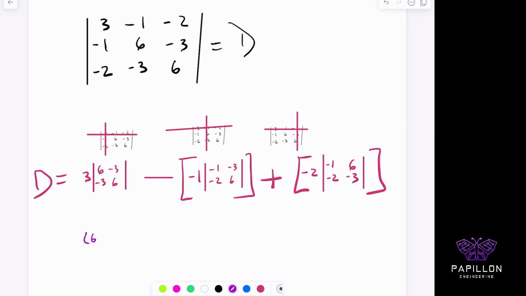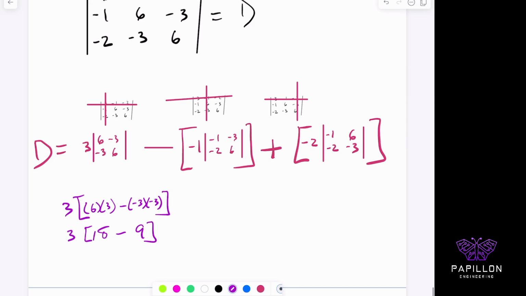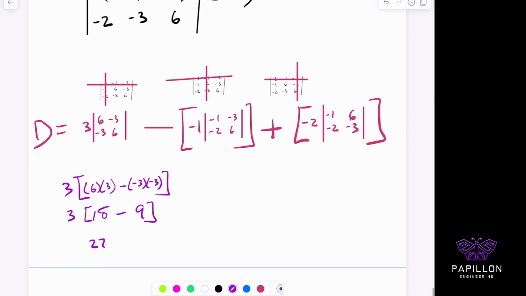It's going to be 6 times 6 minus negative 3 times minus 3. Then we're going to multiply that by 3. So it's 18 minus 9, times 3 is what we're left with, because negative 3 times negative 3 gives back a positive 9. 18 minus 9, so we get back our 9. 9 times 3 gives us back the 27 for this first portion.